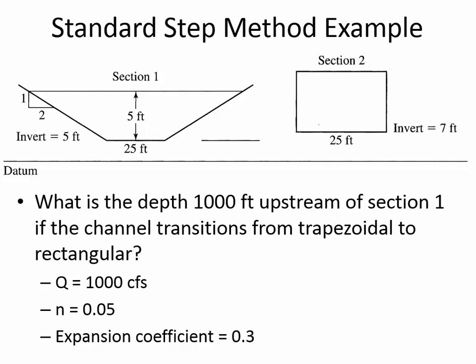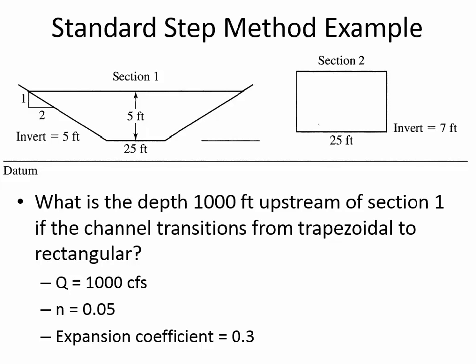And the n value is 0.05. The n value is given on the slide there. And then we've got the wetted perimeter, 25 plus 4.472 y, that's to the 2/3 power. And then finally we have the slope, 0.002 to the 1/2 power.